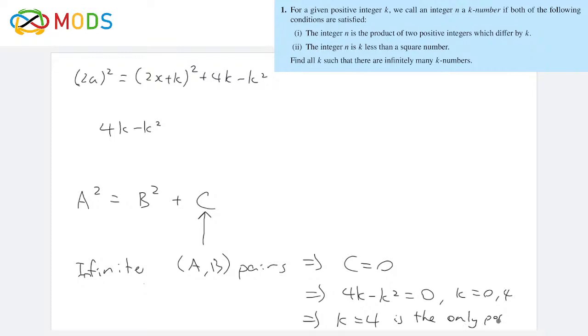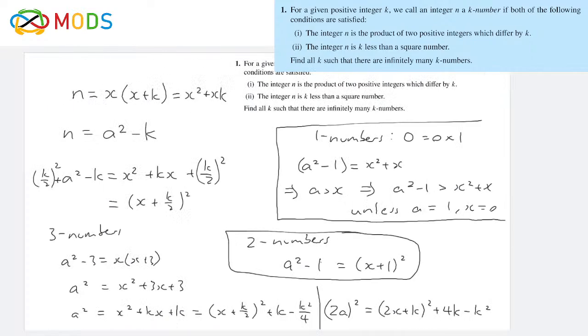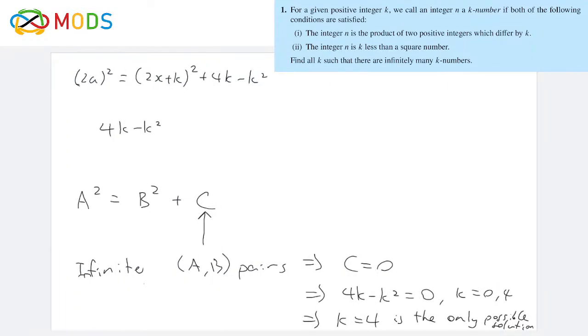K equals 4 clearly works. Right. So what's your construction? I mean, obviously it works, but it's like the obvious one. So obviously that's not very helpful, is it? An explicit construction: you just take any two integers which differ by 4. Yep, that sounds good.